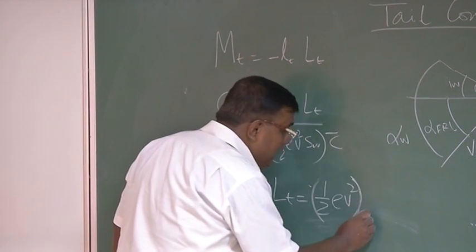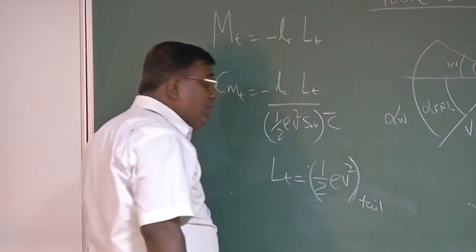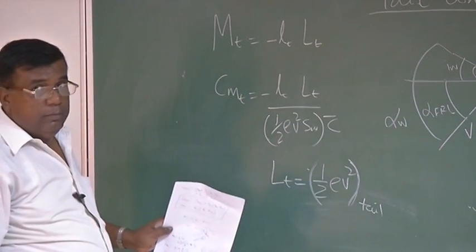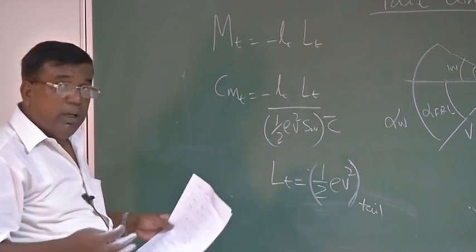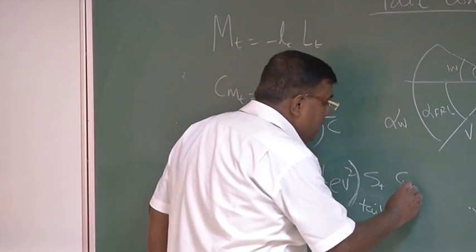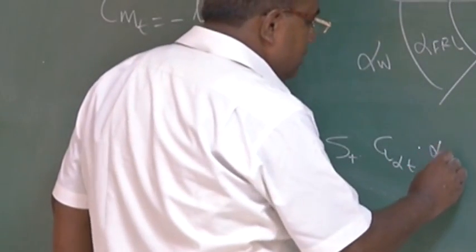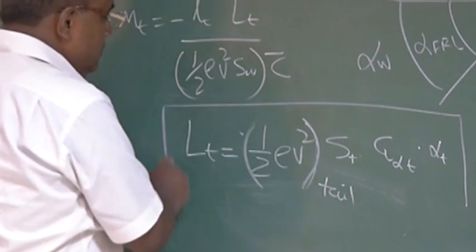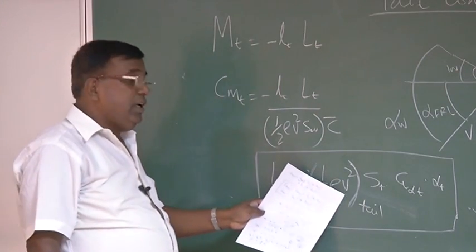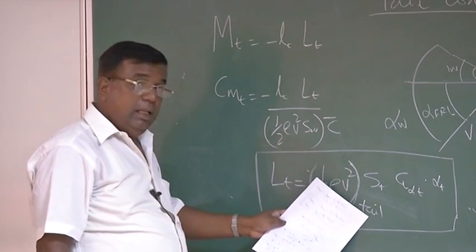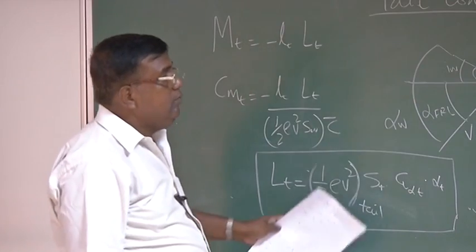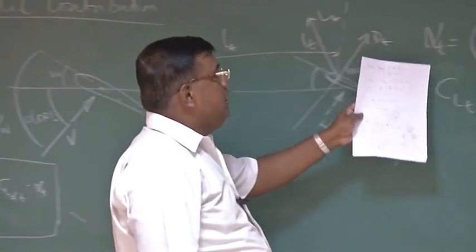This is important. At the tail, the dynamic pressure at the tail will not be the same as the dynamic pressure of the free stream. So I'm telling you, lift will depend upon the local condition, into S tail, into CL alpha tail, into alpha tail, right? This is clear. Lift at the tail will depend upon the dynamic pressure at the tail, which is half rho V square tail, into S tail, into CL alpha tail, into alpha tail. And alpha tail, you know, is nothing but this expression.